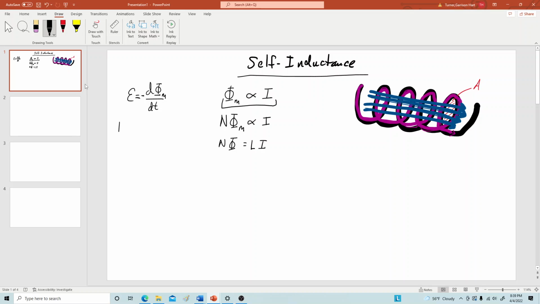So we call L the self-inductance of a circuit or of an element.